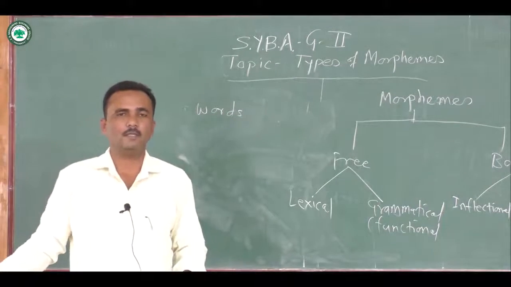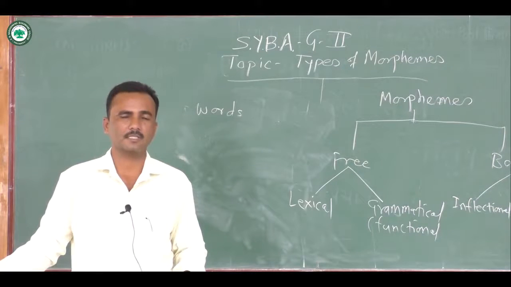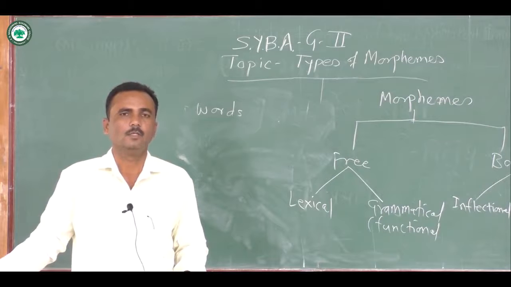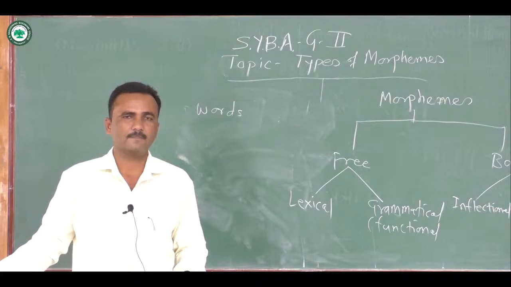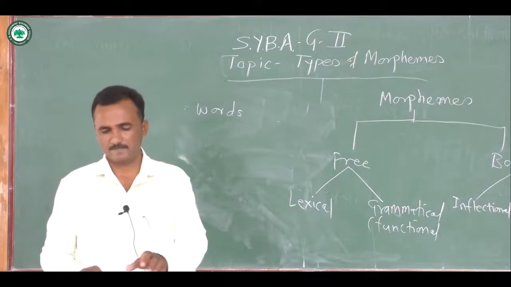In the English language, a number of words are added to the lexicon. So nouns, adjectives, adverbs and verbs are called open class categories of words because a number of words are added to these categories.